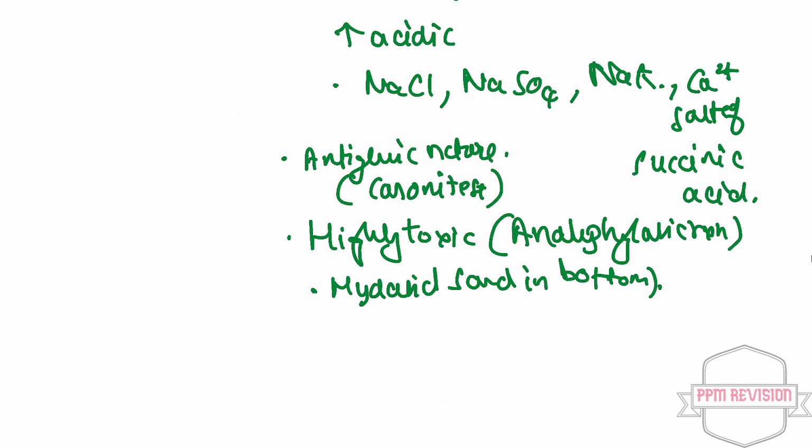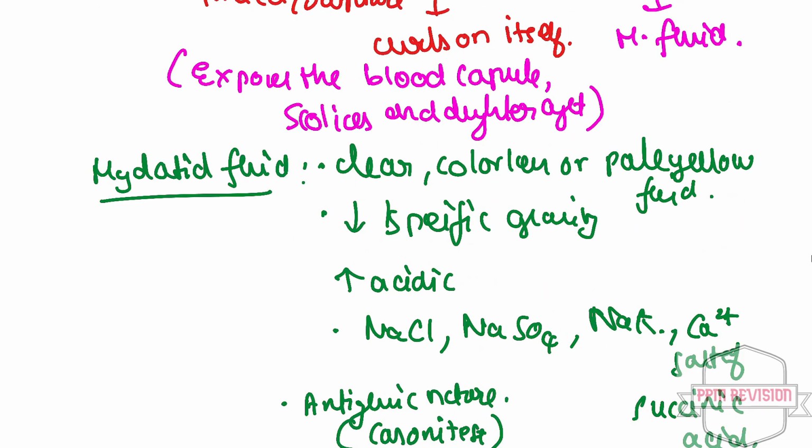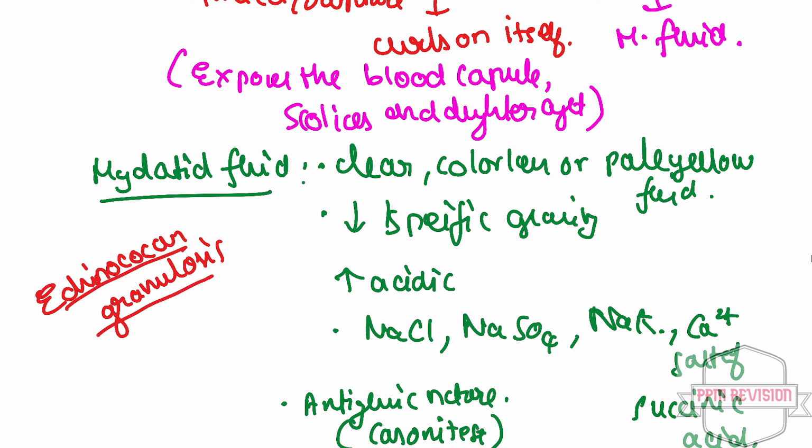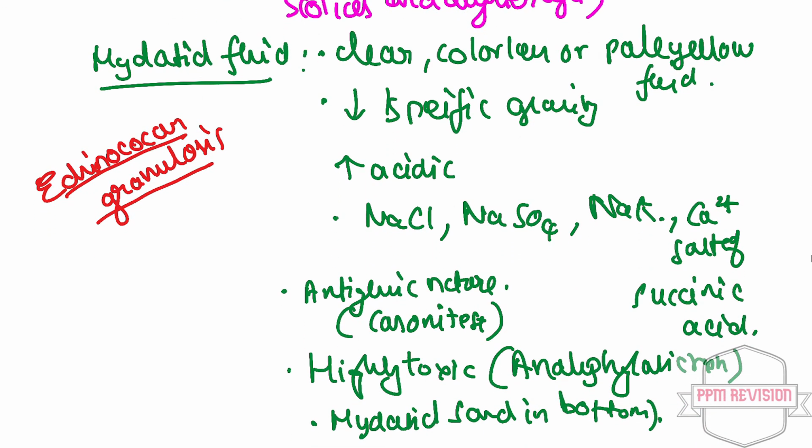Now, another important thing we need to know is that this hydatid cyst is associated with Echinococcus granulosus. So this is important to know. Now just showing the diagram, it looks like this.